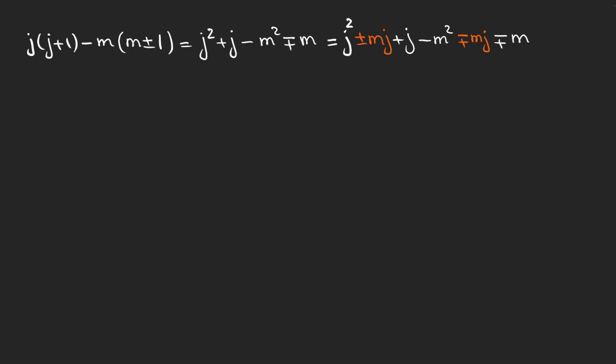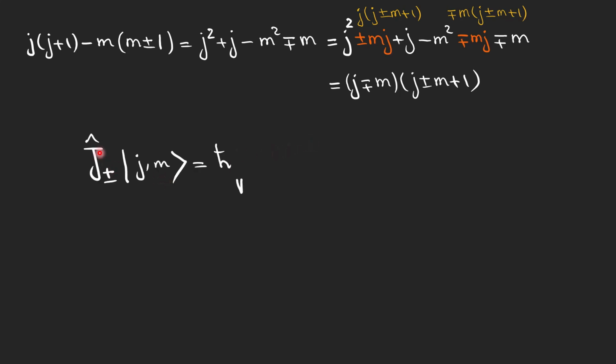We can write j times j plus 1 minus m times m plus or minus 1 to be j squared plus j minus m squared minus or plus m. If we add this orange expression and subtract it, we can group it like this and write the second part like this, and we can also write our expression in these terms.